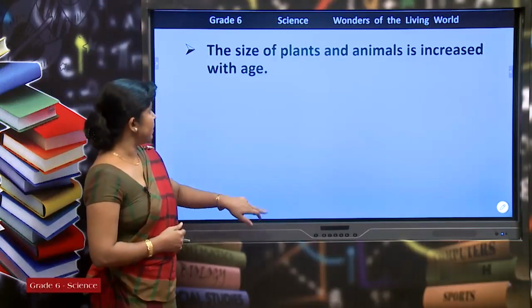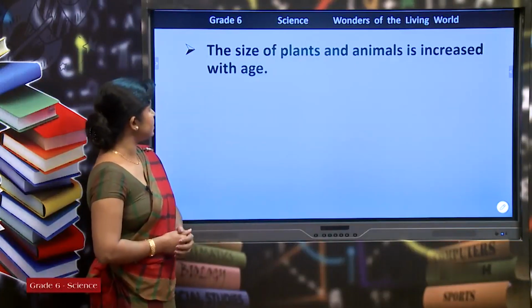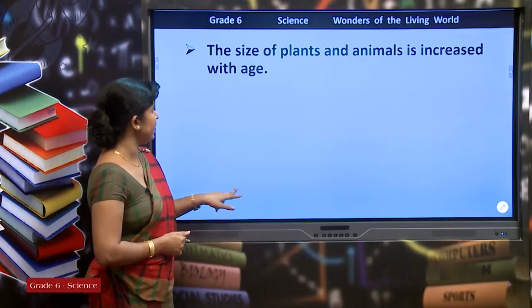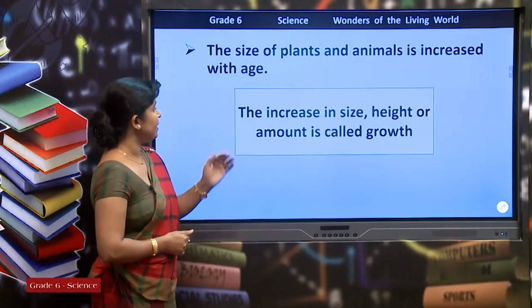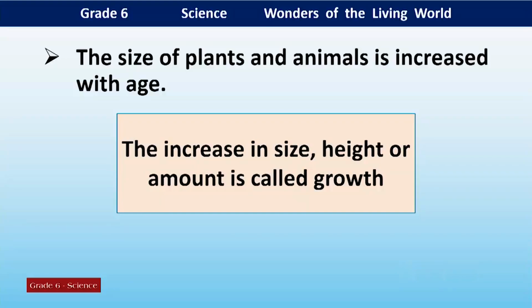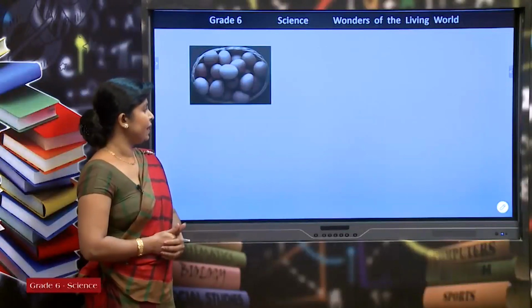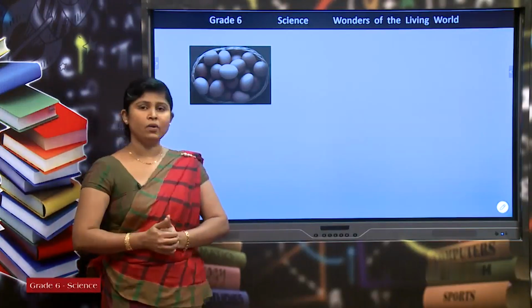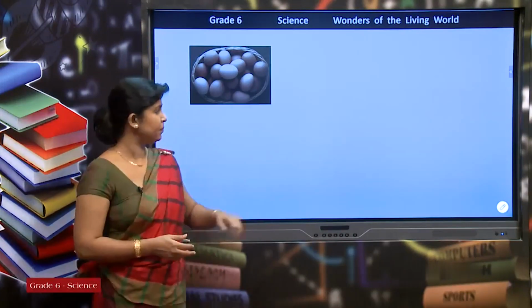We will see a simple definition for growth. The size of plants and animals is increased with the age, right? The increase in size, height or amount is called growth. You can write this. The increase in size, height or amount is called growth. To explain more and more about growth, I have got some other pictures to show you.